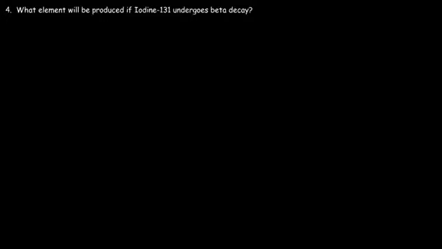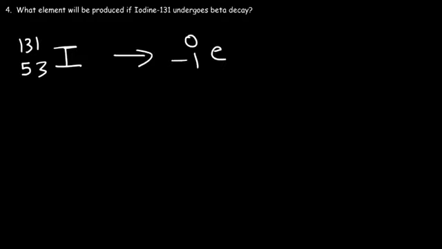Number 4. What element will be produced if iodine-131 undergoes beta decay? So let's write a reaction. We have a mass of 131, and based on the periodic table, iodine has an atomic number of 53. So it undergoes beta decay. That means it produces a beta particle or an electron.